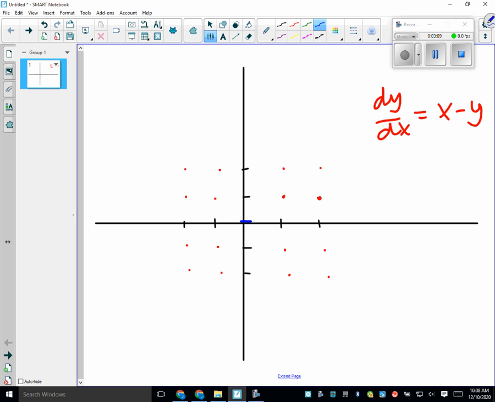Okay? What is this point? 1, 0. What is the slope? 1, because 1 minus 0 is 1. Okay? What is this point? 2, 0. What is the slope? 2. So it's steeper than this, right?